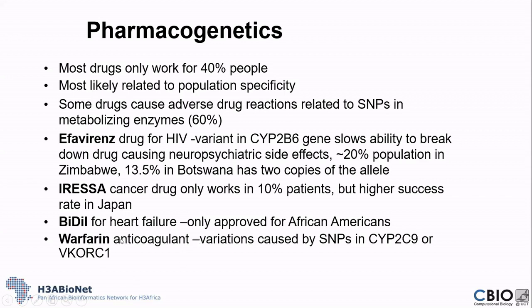And the other examples, warfarin is the most common example where there are certain variations, which mean that certain doses are toxic to some people, and for other people, they don't work at all. So you actually have to genotype them, see what their genome says about their likely warfarin responses, before you can actually prescribe warfarin in a particular dose.